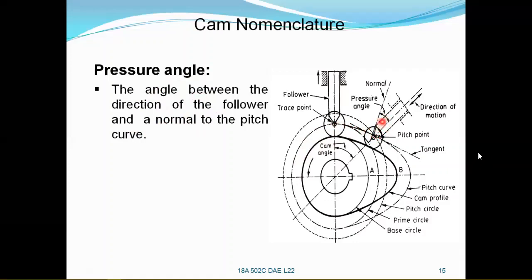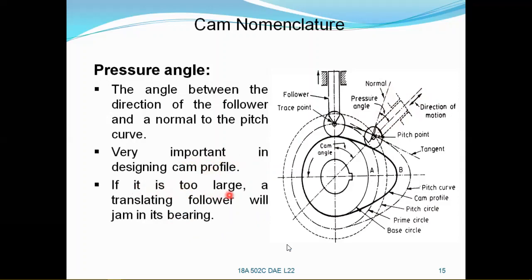This is the direction of the follower, whereas this is the tangent, and for this tangent this is the normal. The angle between this normal and this direction of the follower is called pressure angle, right? So this angle is very important in designing cam profile.